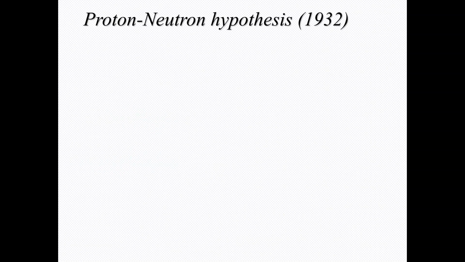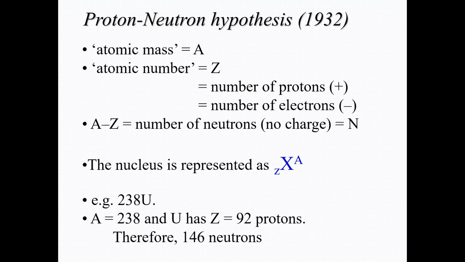The proton-neutron hypothesis, 1932. Basically, inside the nucleus we have protons and neutrons.